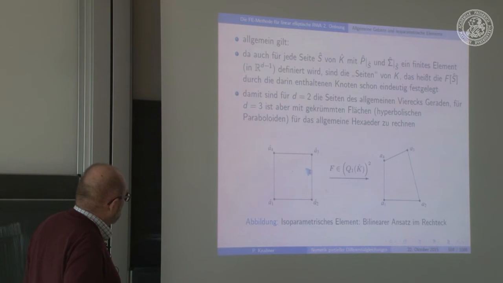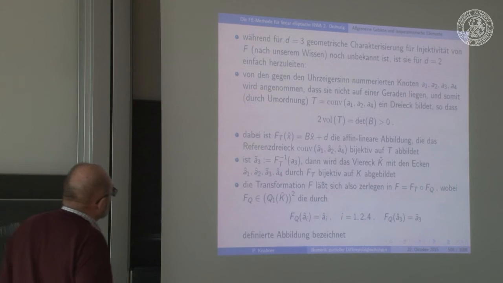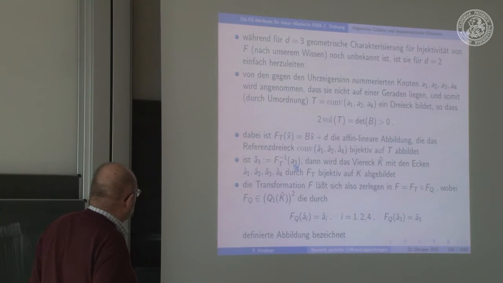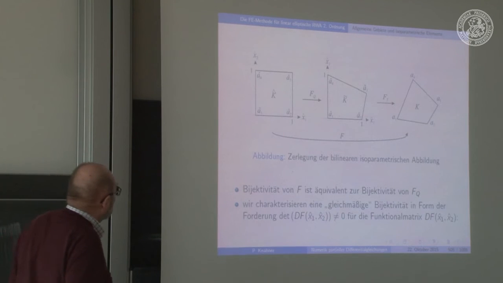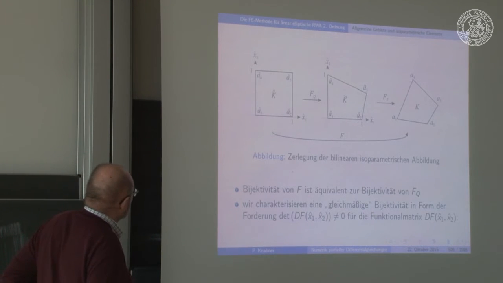Of course, this mapping maps not only the 3 nodes of the triangle, but every point to something. In particular, A3 hat has some image somewhere. In general, that will not be A3. It will be some other point. This point gets a name: A3 tilde. Here we have the triangle which we really want to have.